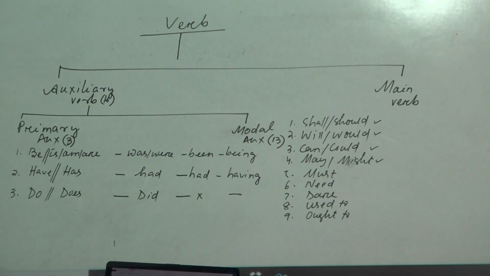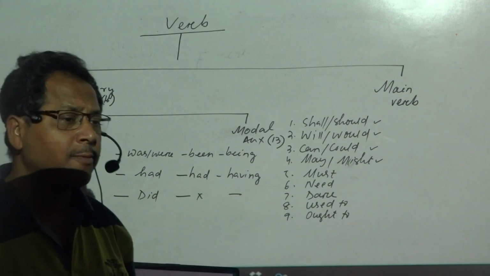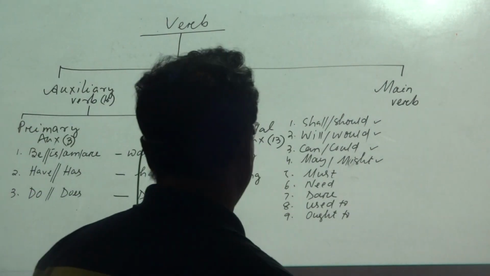Okay? Three primary auxiliary and 13 modal auxiliary. Thirteen plus 3 is 16. The rest of the verbs are called main verbs.